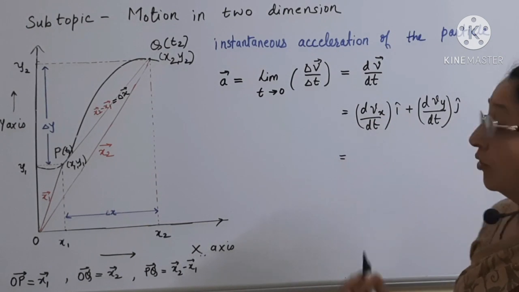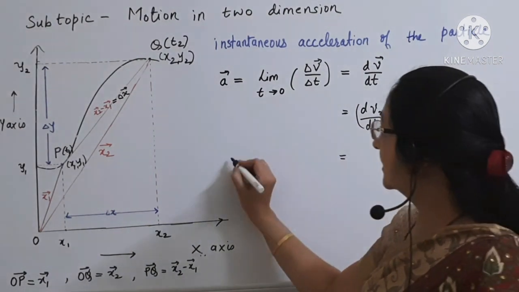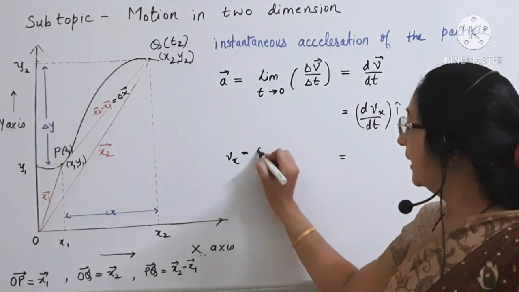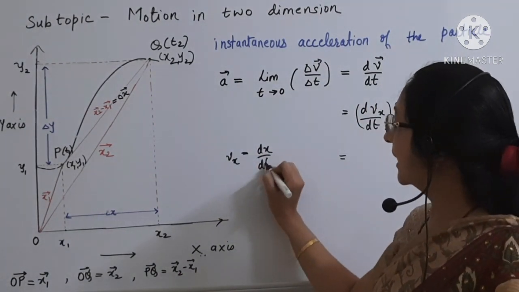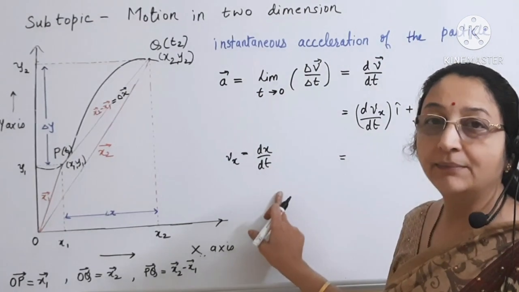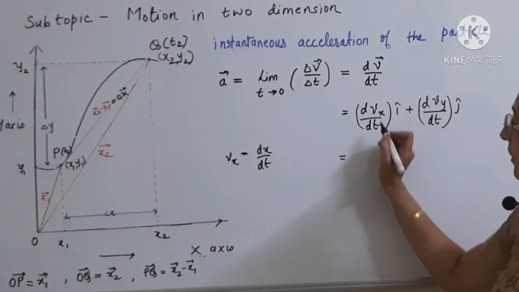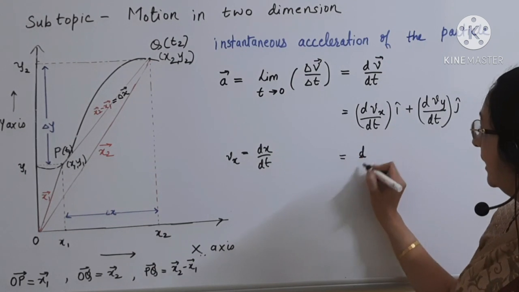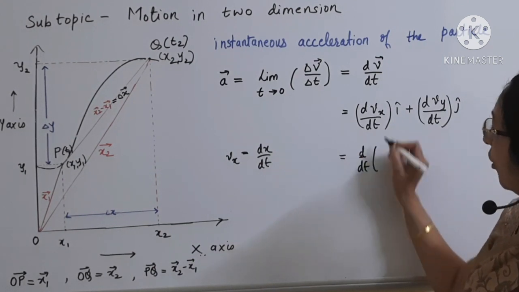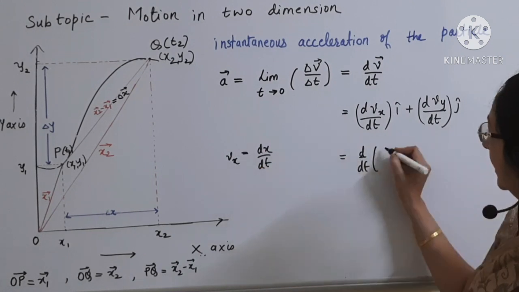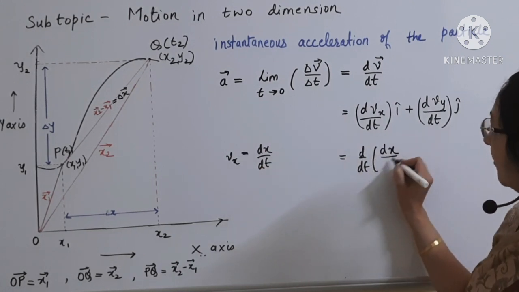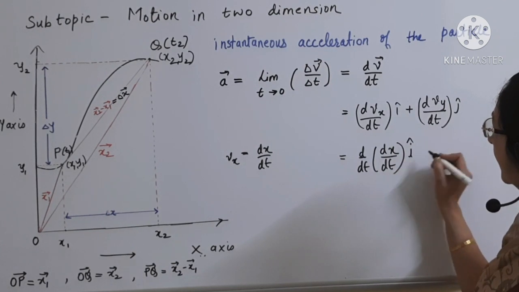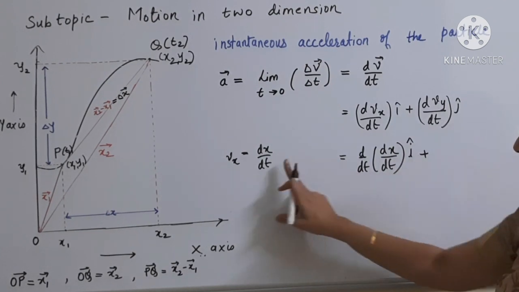So now we know that this vx velocity is what? dx upon dt, that is the displacement upon time. So याला आपण कसं लिहिलं? d dt of या vx ला कसं लिहिलं मी? dx upon dt into i plus.